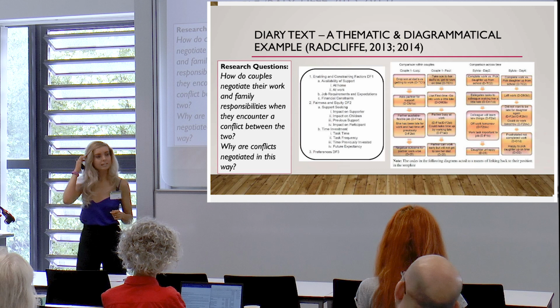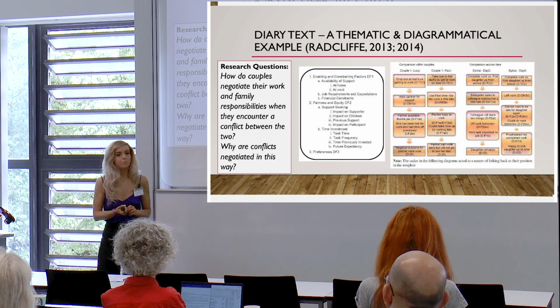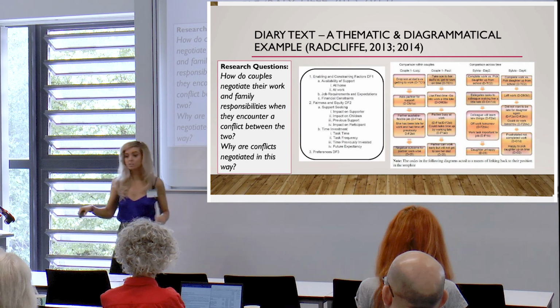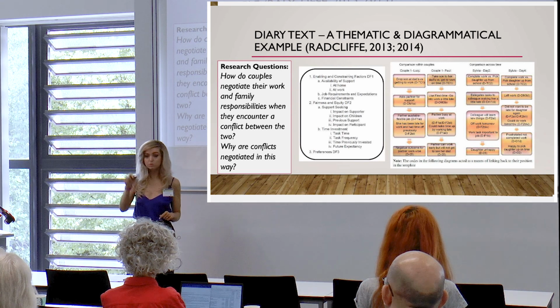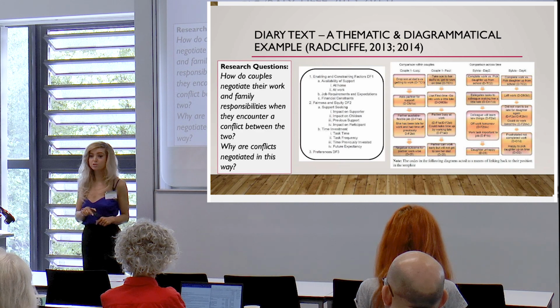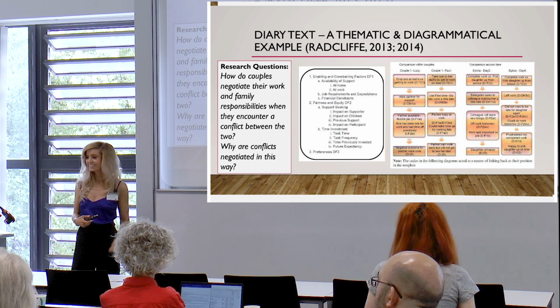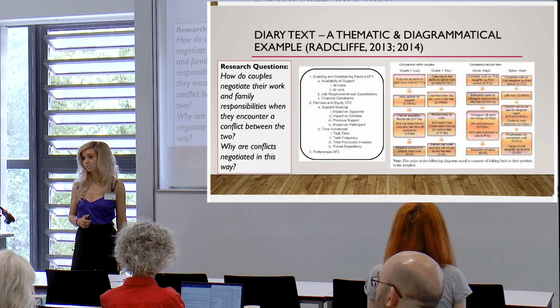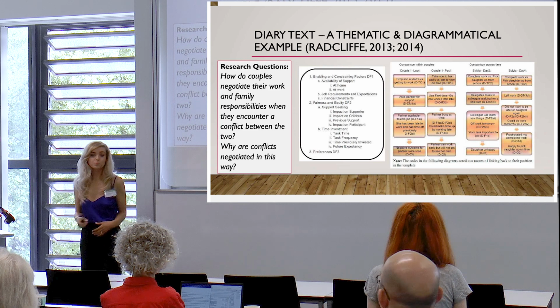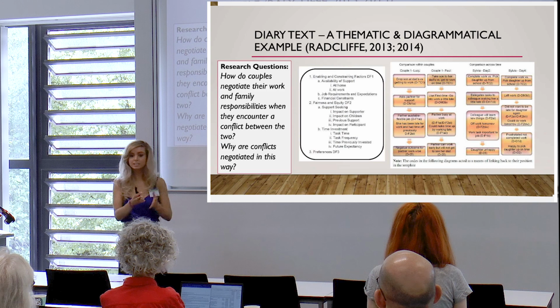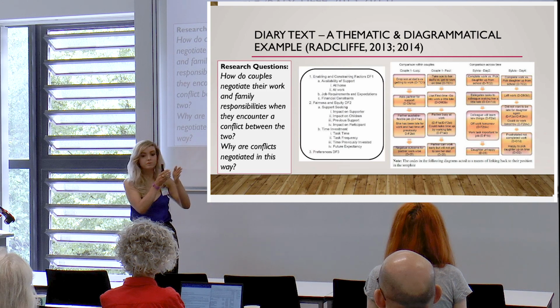So that enabled me to find things like, if the man worked more flexibly, then he wouldn't be the last point of call. If he didn't, he would always be the last point of call in the decision. When a man had a more flexible job than a woman, then he would be much higher up in the list of how we resolve these decisions. So that was enabled by this different level of comparative analysis, by making a kind of a composite of all these diagrams for one couple.